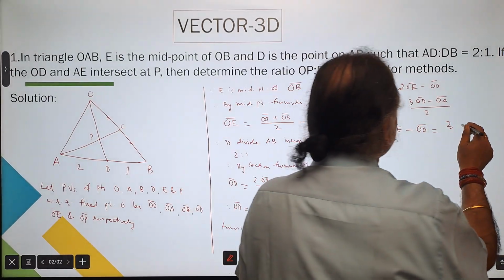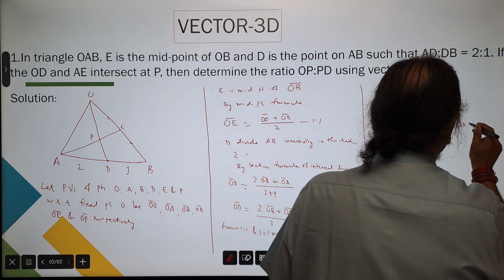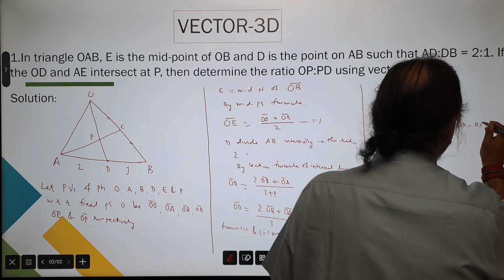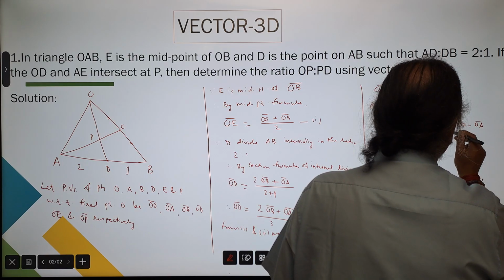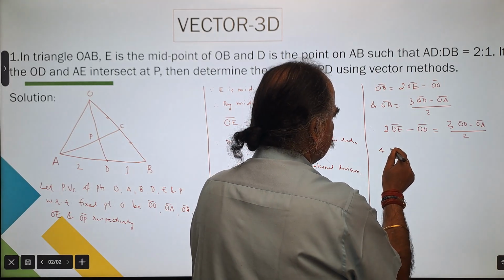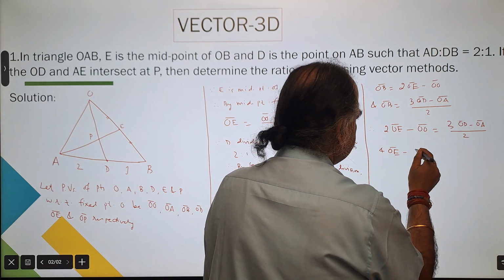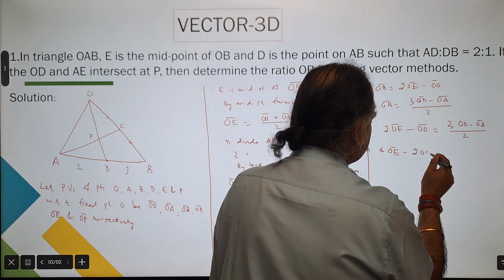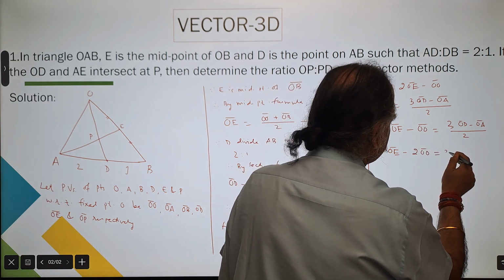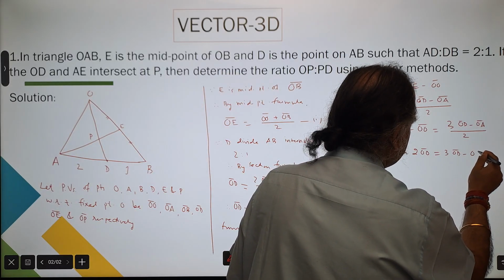So 2 OE bar minus OO bar is equal to 3 OD bar minus OA bar upon 2. Cross multiply. So 4 OE bar minus 2 OO bar is equal to 3 OD bar minus OA bar.